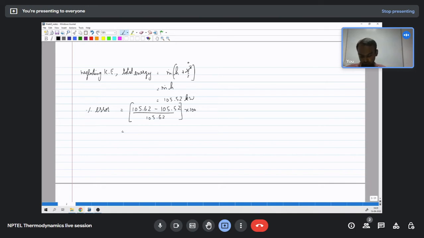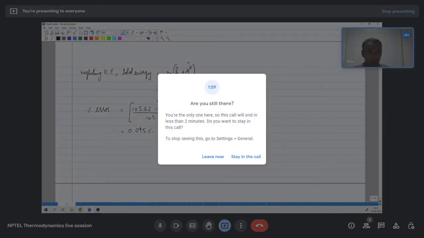So this is 0.095%. So neglecting the kinetic energy, we calculate the total energy with a very small error.